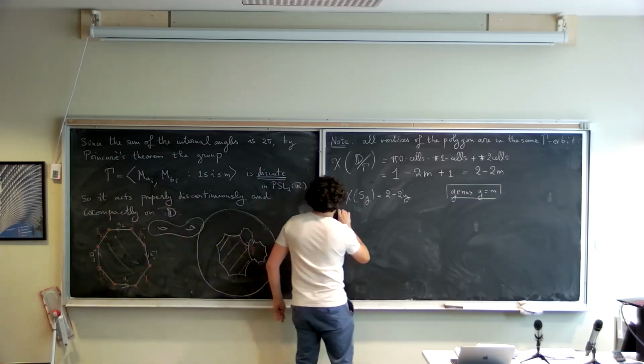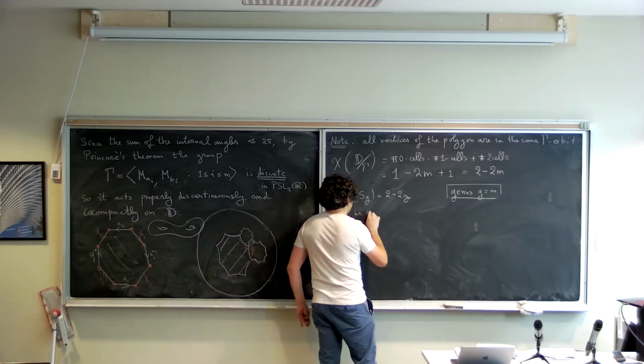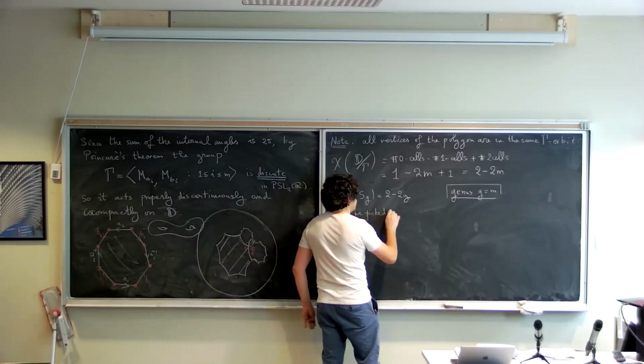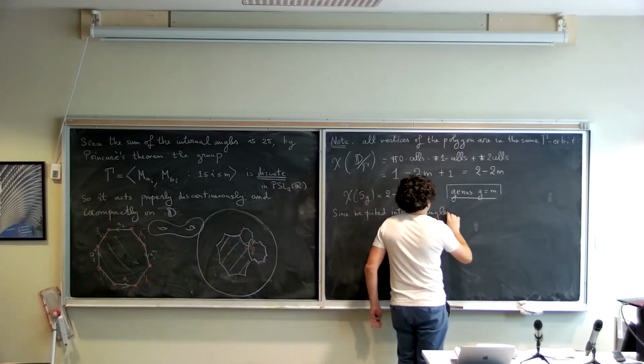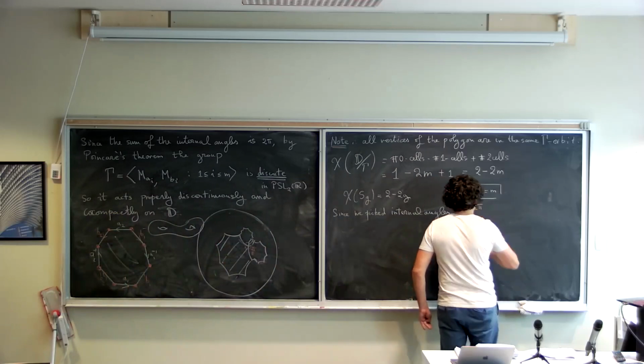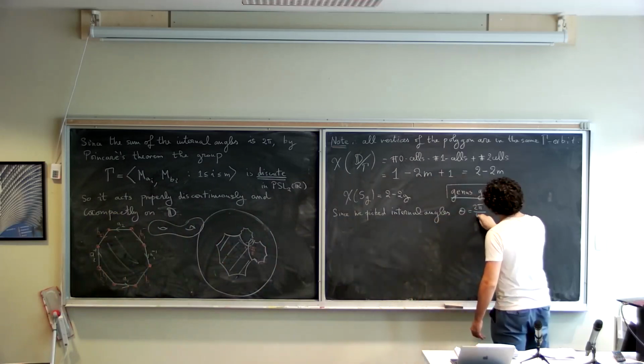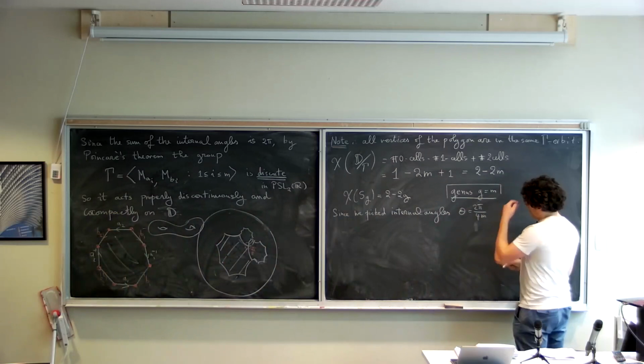So since we picked internal angles theta equals 2 pi over 4m, this is true in general.